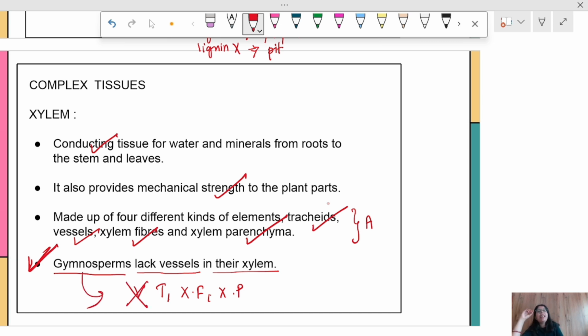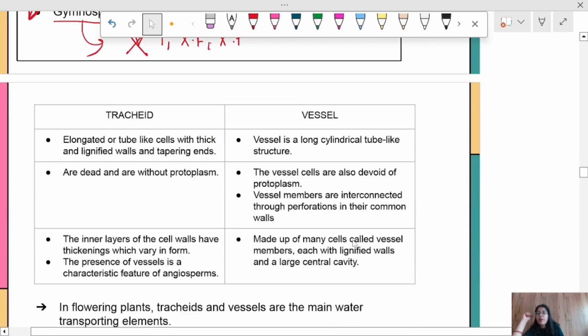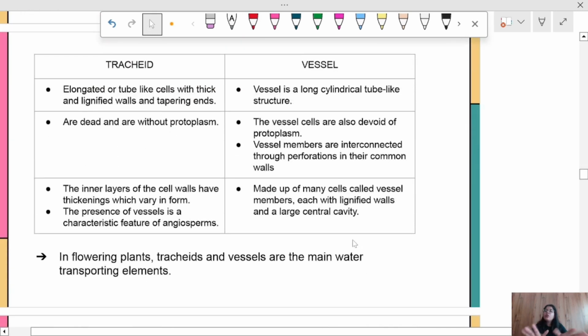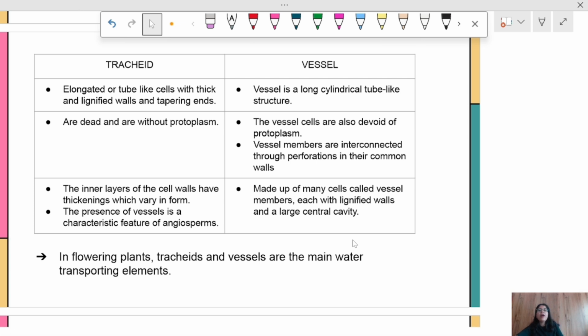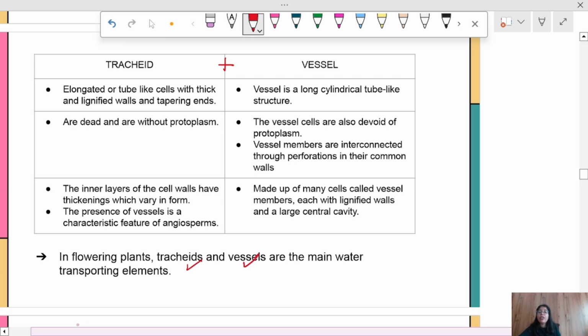Can you name which is the first group of plants where vascular bundles originated? Please write in the comments from the plant kingdom chapter. Now if you understood about xylem, we will first learn about tracheids and vessels, okay. I would like to tell you together because their work is in conduction. You can see here in flowering plants, tracheids and vessels are the main water transporting elements.